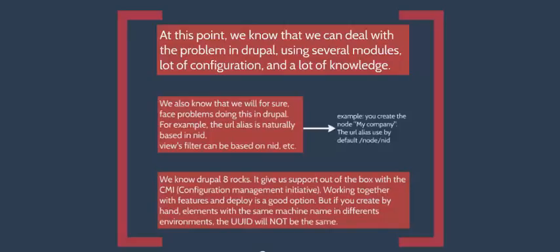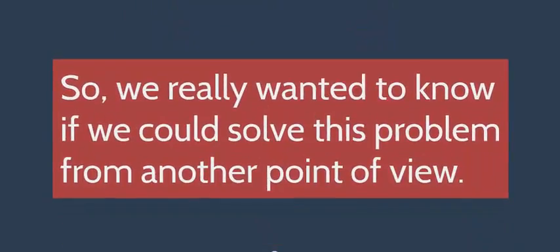I mean, you can create a view with the machine name myView by hand in two environments, and the Universal Unique ID will be different in those environments. All in all, our big question was if we can solve the problem from another point of view.